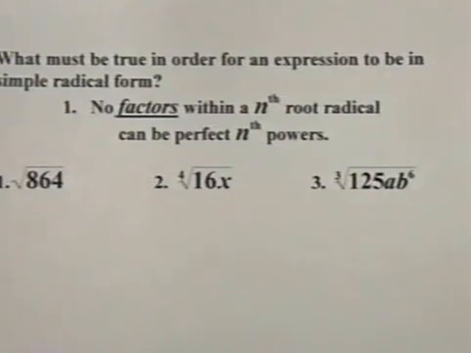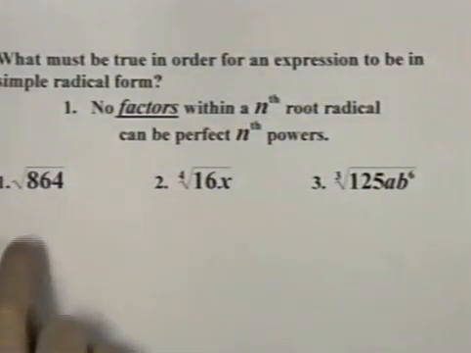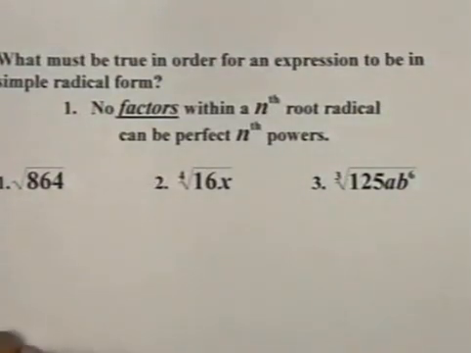And the reason these are not in simple form is, number 1 says, no factors within an nth root radical can be perfect nth powers. That is to say, in the first case, the square root of 864, within that radicand, 864, there's a factor that's a perfect nth power. Now, what's n in this case? Well, n is 2. That is, there's a perfect second power, or a perfect square.